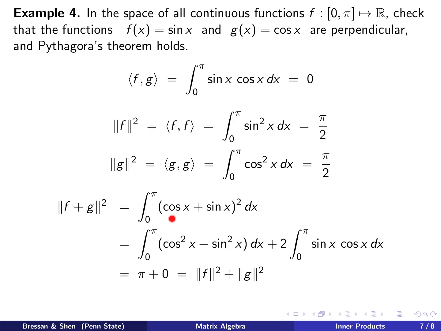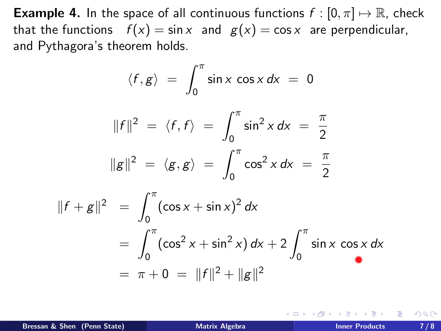One can expand that to get cosine squared x plus sine squared x plus 2 times sine x cosine x. And we split the integral up, this is the first part and this is the second part. Then here we use the identity that cosine squared plus sine squared is 1. You get just pi minus 0.